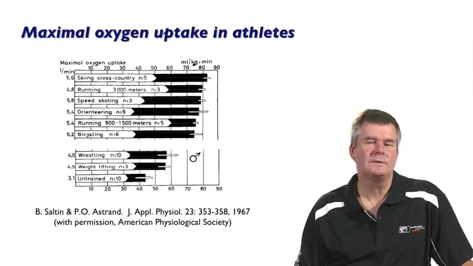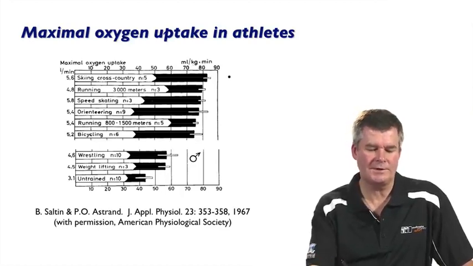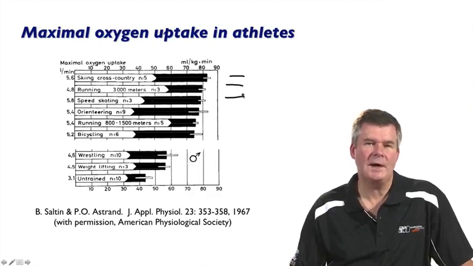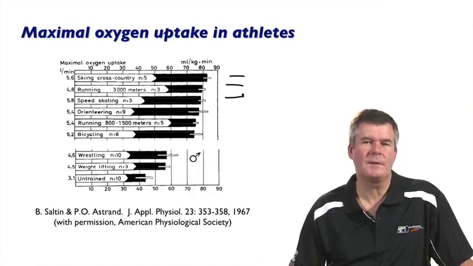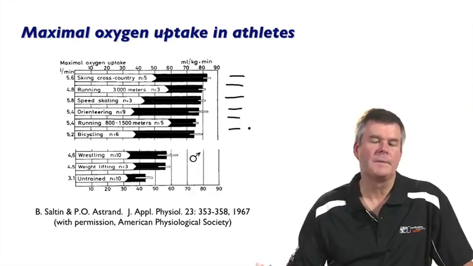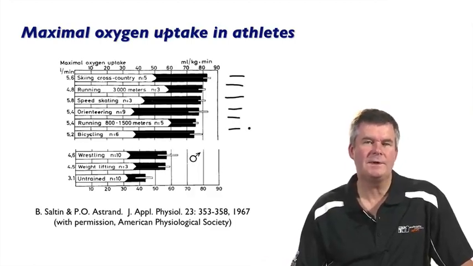In cross-sectional studies that have been taken on various athletic groups, you can see that the VO2 max is generally higher in those groups where there's a heavy reliance on the oxidative energy systems and the cardiorespiratory systems. So in cross-country skiers, in distance runners, speed skaters, these are not the track speed skaters, but more the endurance type speed skating, orienteering and running, cycling, very high values in the 70s, 80s.